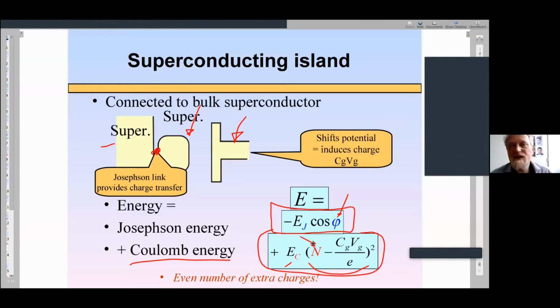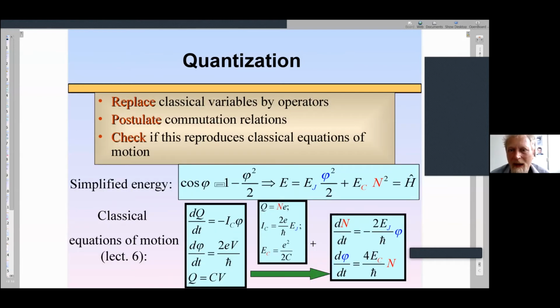There is a general prescription for how one quantizes a system. It's a theoretical exercise. You can hardly do it in practice to make a quantum system from a classical one. Let's see how it goes theoretically.